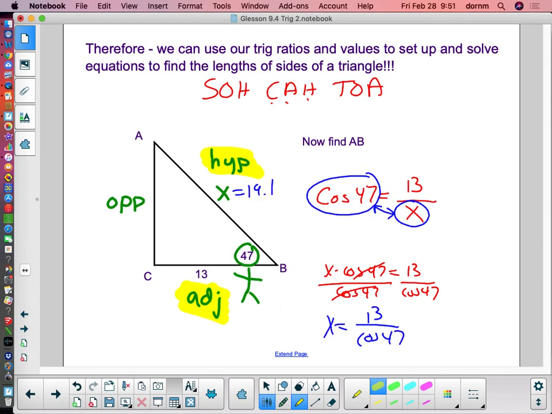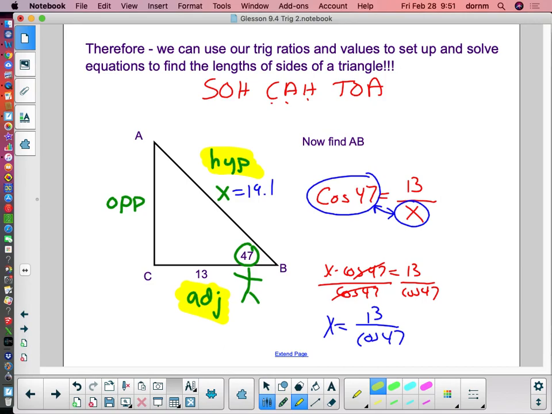Okay? And that's why we started yesterday with identifying sides, identifying perspective, the whole bit, because that is what helps us. SOHCAHTOA then helps us decide which function to use, by knowing which sides are involved in this particular problem.